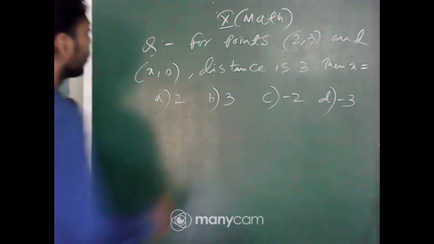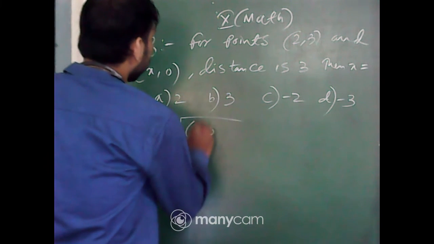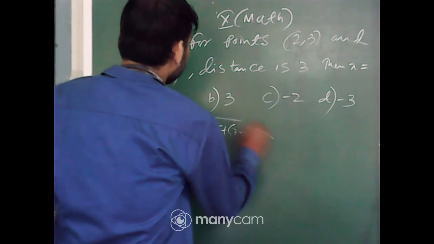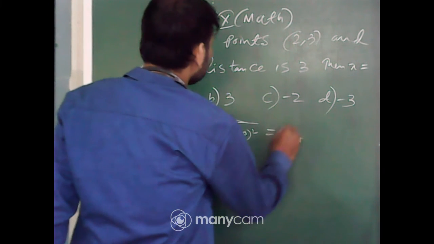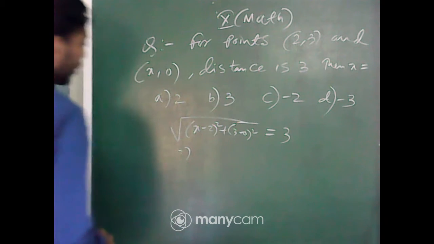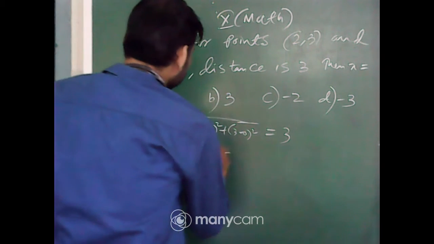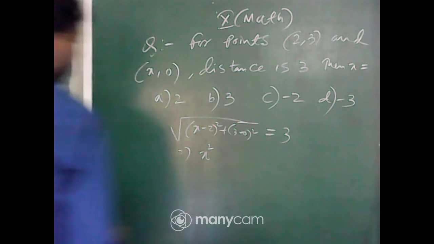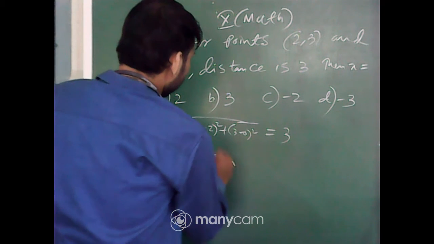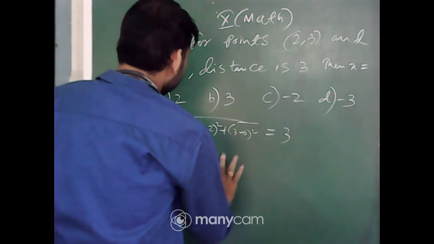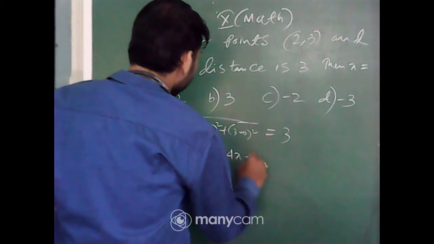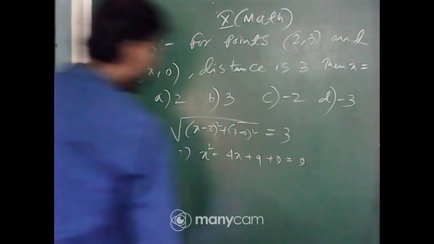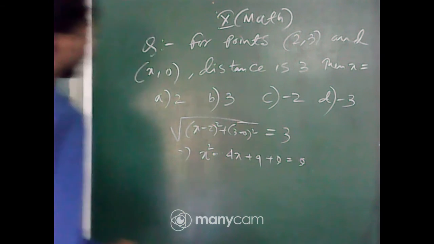Distance is 3, so by the distance formula, root over (x minus 2) whole square plus (3 minus 0) whole square equals 3. That means x square minus 4x plus 4 plus 9 equals 9, once you remove the root.